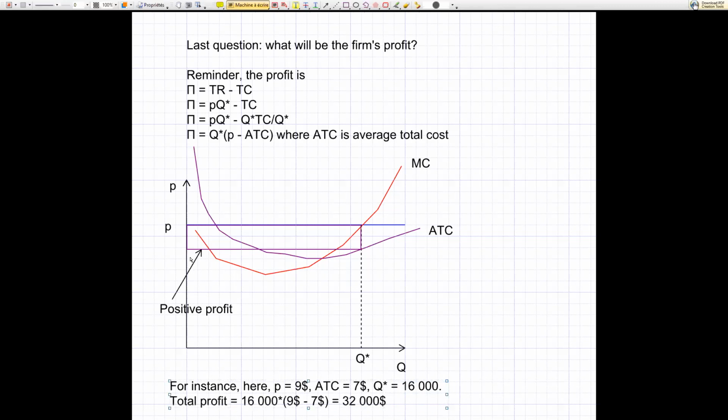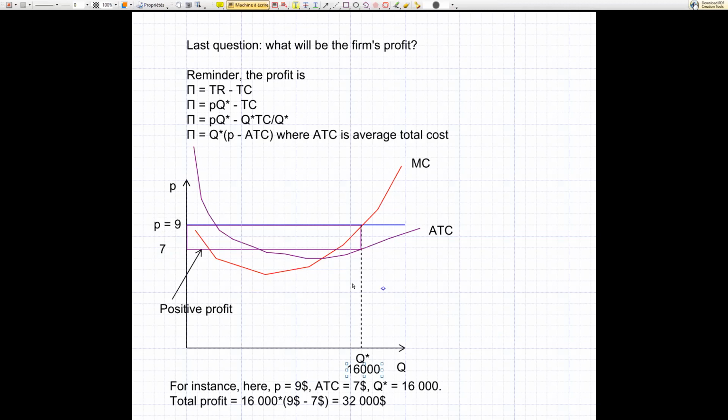All right. So I'm just going to say this is 9, 6, 7, and this would be 16,000. So that would be my example.